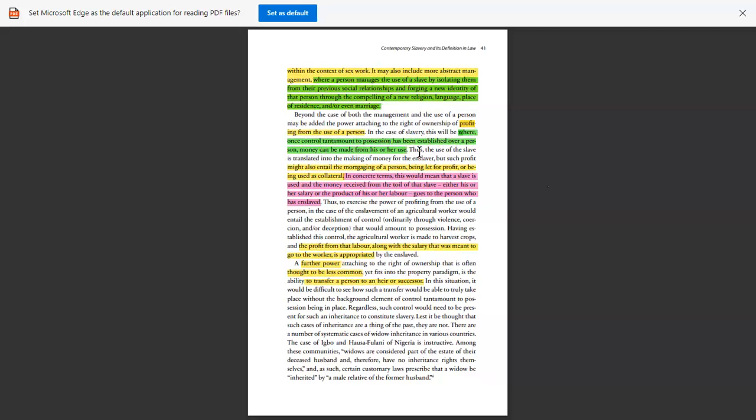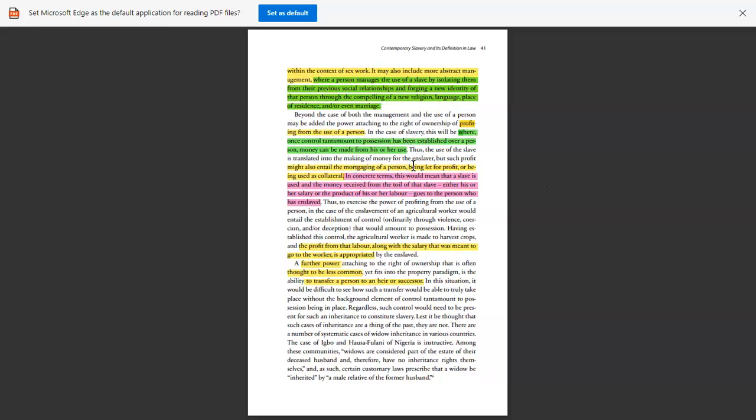But could this also be said to all of the men, or women, that are going into jail or prison for a debt created by the state, and the state needs to make that money from them, or off of them, or use them in order to make revenue? So it might also entail the mortgaging of a person.